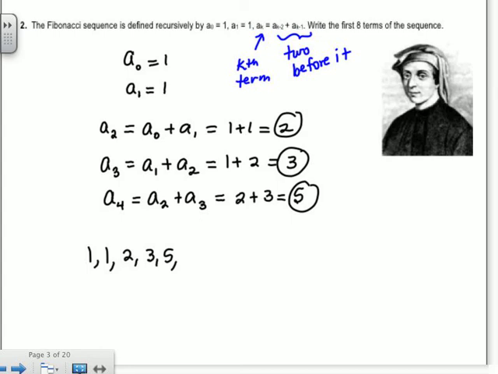Do you guys see the pattern? When I add 1 and 1, that's how I get the 2. When I add 1 and 2, that's how I get the 3. When I add 2 and 3, that's how I get the 5. Add 3 and 5, that's how I get 8. So what's the next one? 13, 21, 34, 55. You can go on forever.